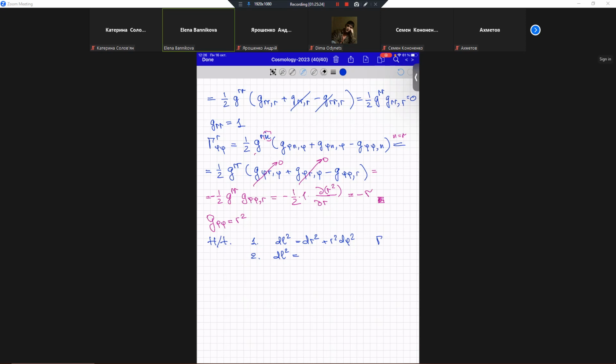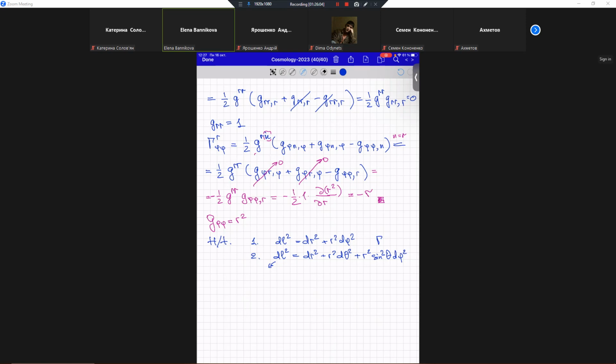all Christoffel symbols for this space, for this interval. This is the spherical coordinate system: dr square plus r square d theta square plus r square sine square theta d phi square. So try to obtain it for this case.